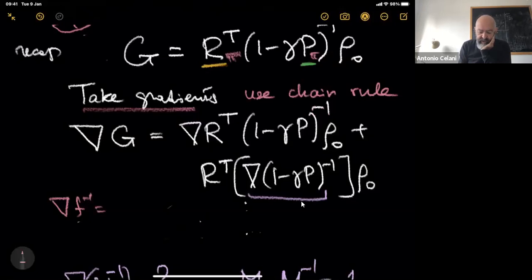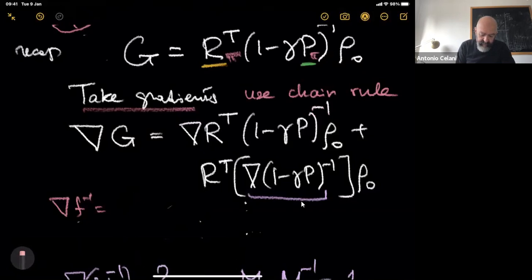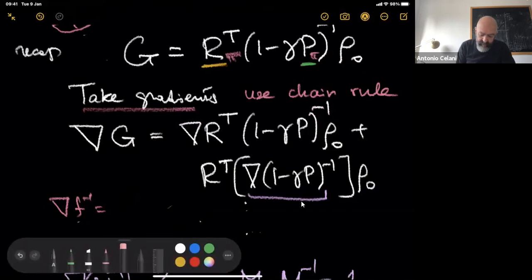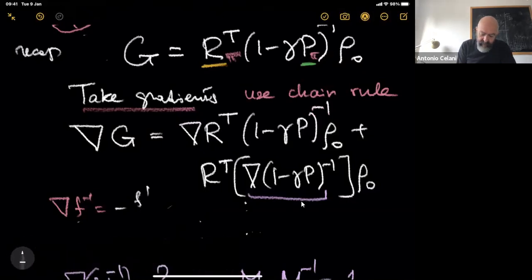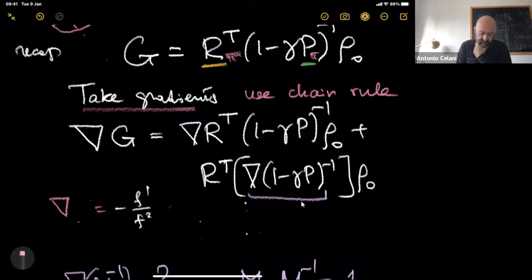So it would be minus f prime over f squared. Yeah, so this is not the inverse function, it's 1 over f. So let's try not to make notations too stupid.